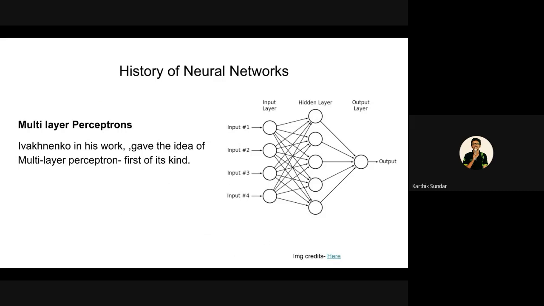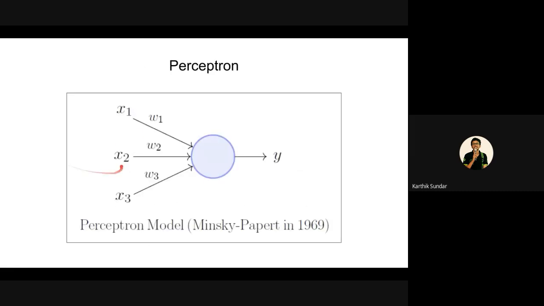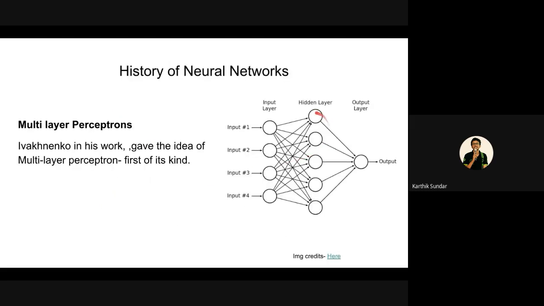The reason is that when people saw that the single layer perceptron cannot classify non-linearly separable data points, they thought there was no more scope for this research. People never really paid attention to the multi-layer perceptron, and for some time the research was not going forward, but later there was a breakthrough.